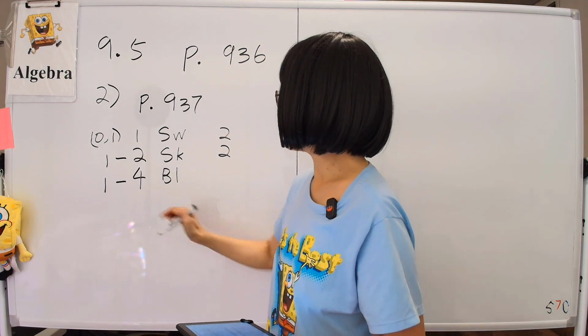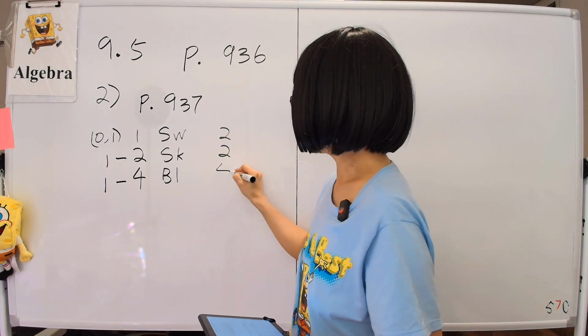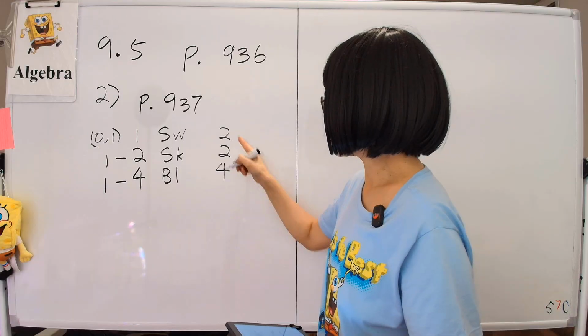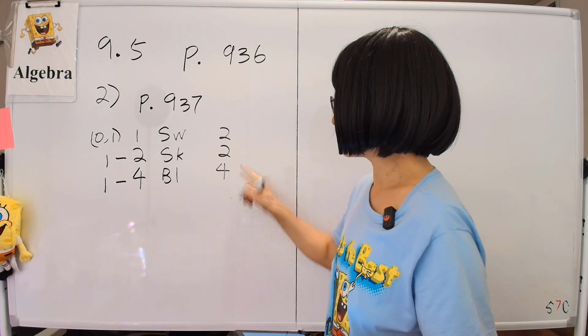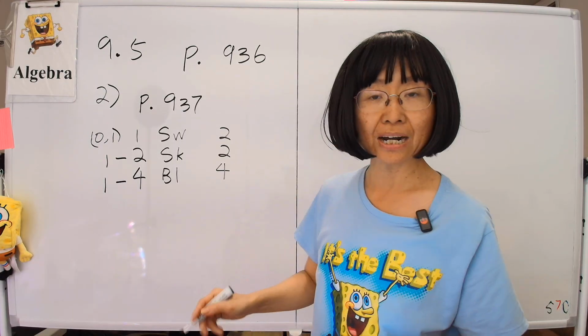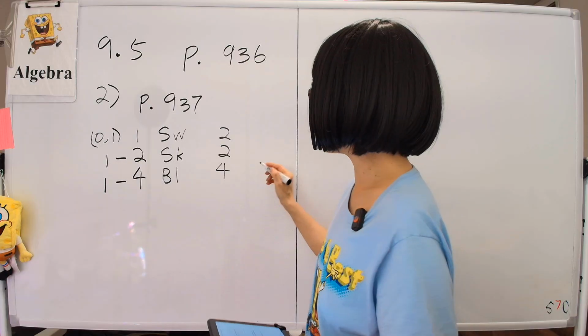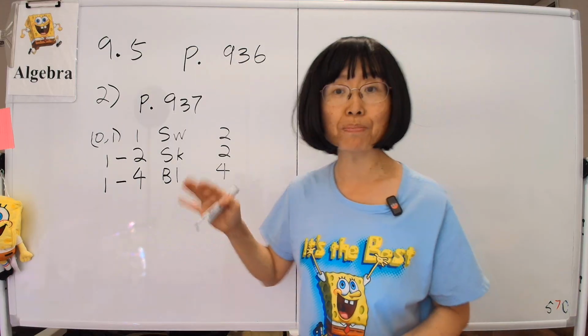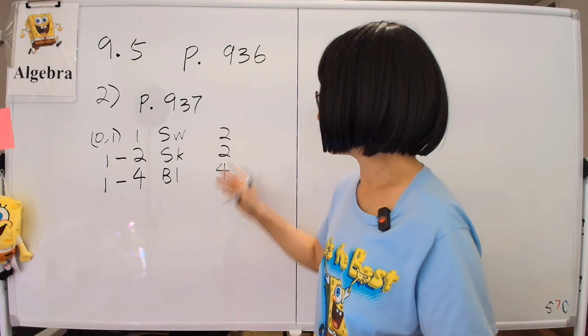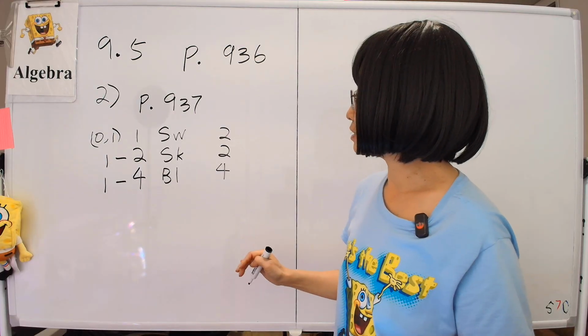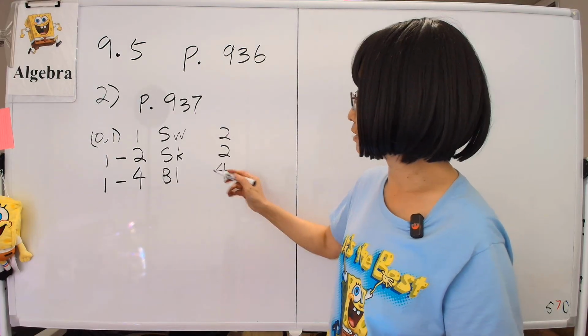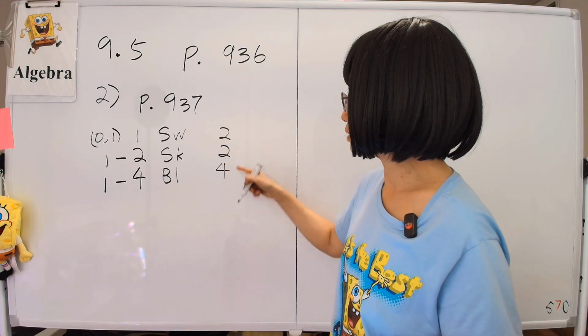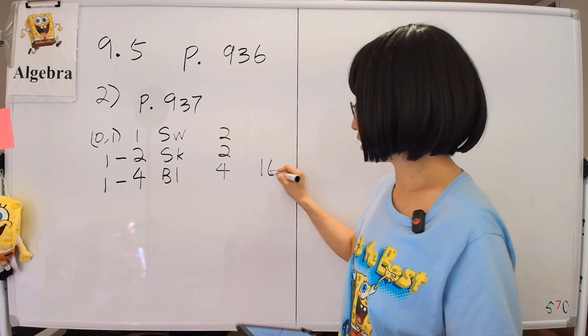And the number of blouses is 4, so the total is 4. And we're going to multiply these things together. That is 2 times 2 times 4. That's the multiplication principle, which will give us the total possible number of outfits. So 2 times 2 times 4, that's 16 total.